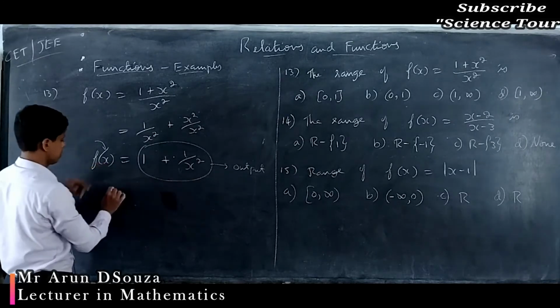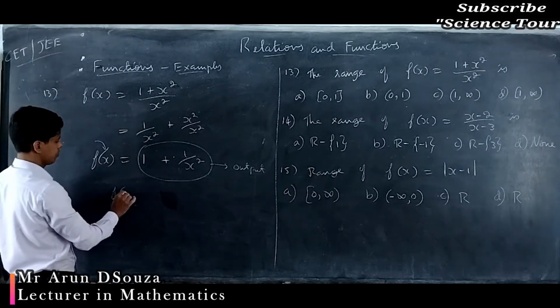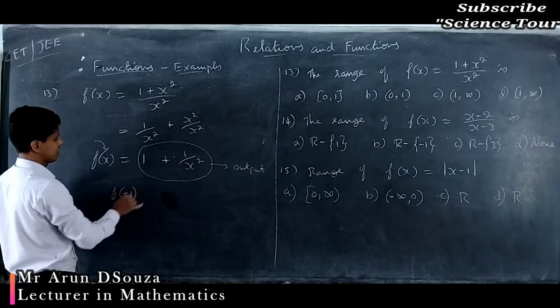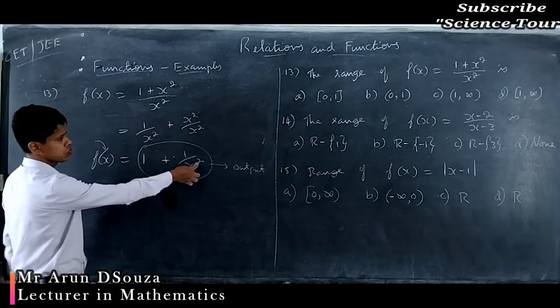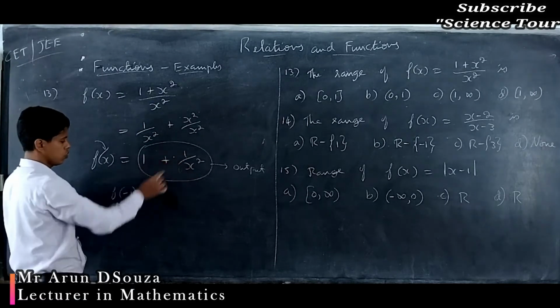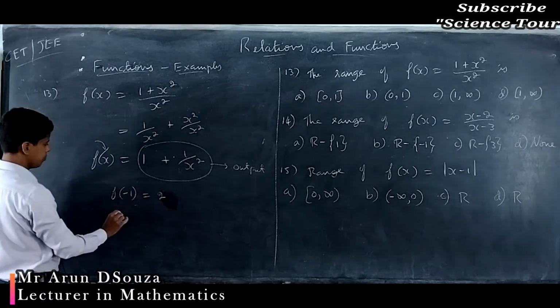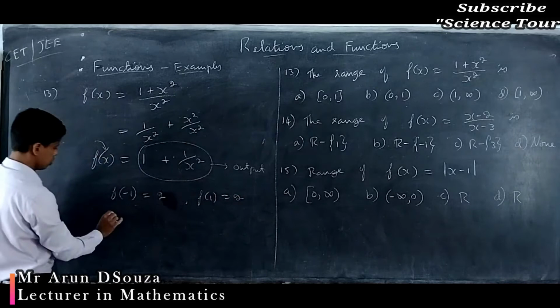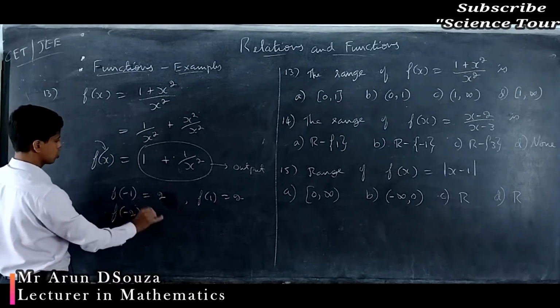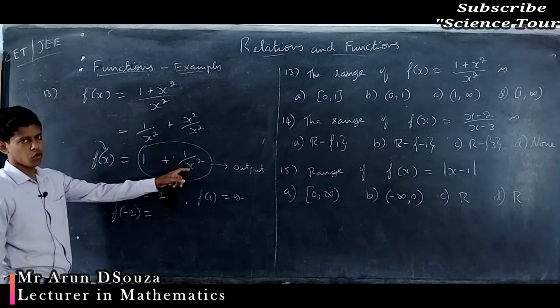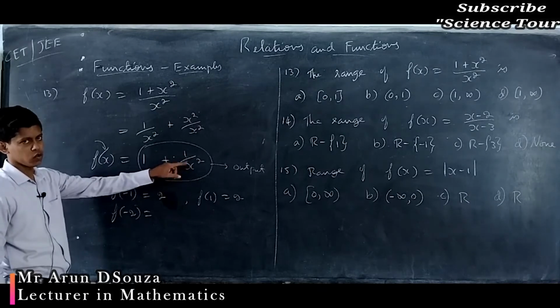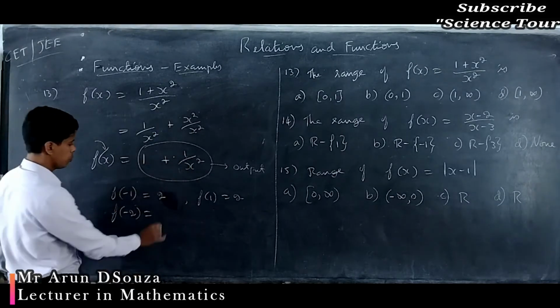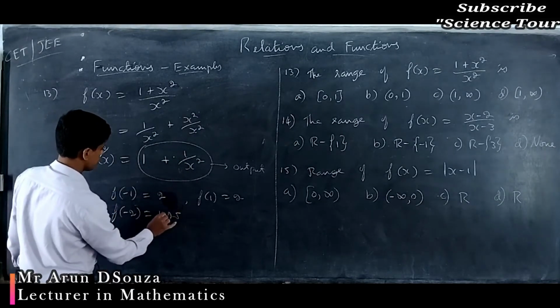I will take a few values. Minus 1 I will take first. If you put minus 1, square is 1, 1 by 1 is 1, 1 plus 1 is 2, and if you put f of 1, then also we are getting 2. If you put f of minus 2, minus 2 square is 4, 1 by 4 is 0.25, so you are getting 1.25.